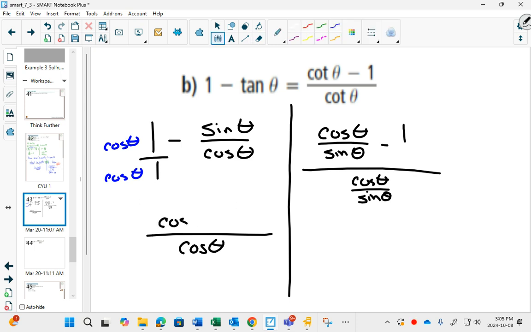And I end up with cos theta minus sine theta. On this side, I have fractions over fractions. So first, I want a single fraction in both my numerator and my denominator. Can you see right now that you do not have a single fraction in your numerator? I'm going to need a common denominator to subtract these.